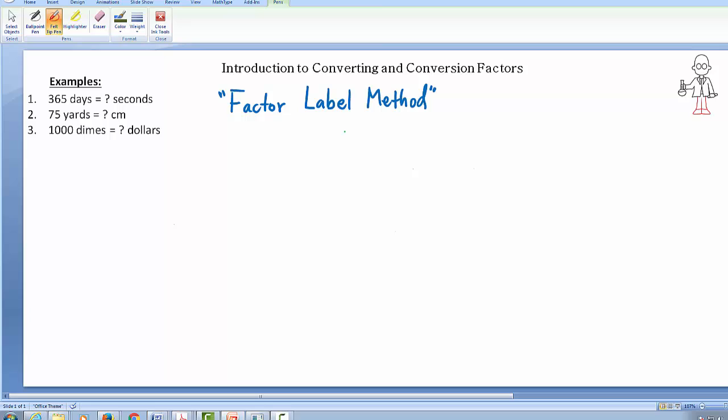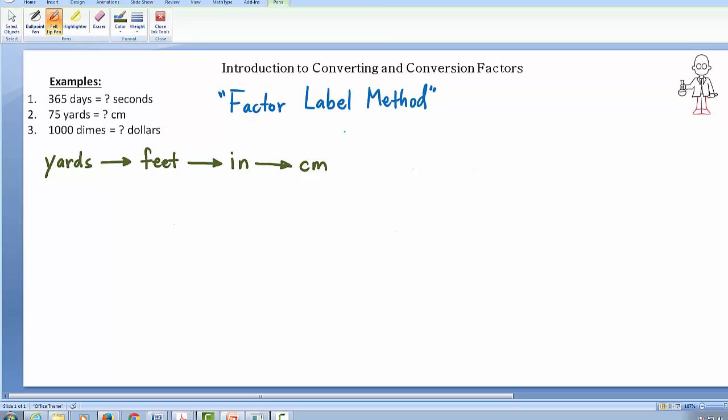So we have to use the plan of going from yards to feet, and from foot to inches, and from inches to centimeters.